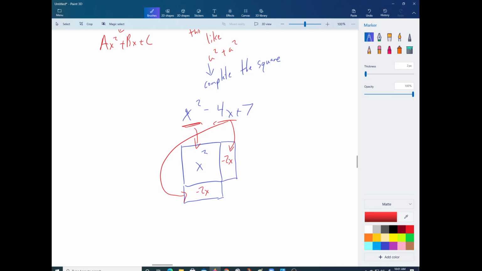What I'm going to need to do next is I need to have a perfect square. So remember, this is, by definition now, x minus 2 here and x minus 2 here, because x times x gives me x squared. X times negative 2 gives me negative 2x. X times negative 2 gives me negative 2x. And I use my box method to complete it and say, okay, negative 2 times negative 2 gives me a positive 4.